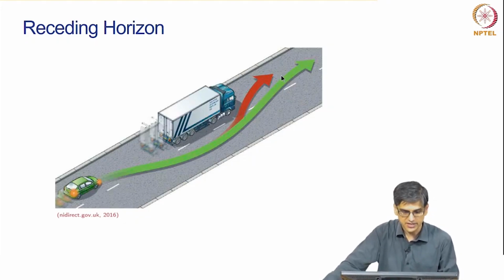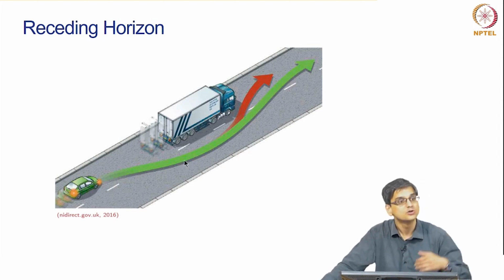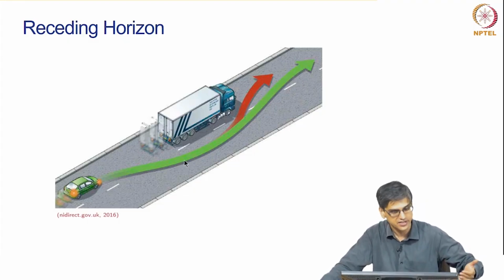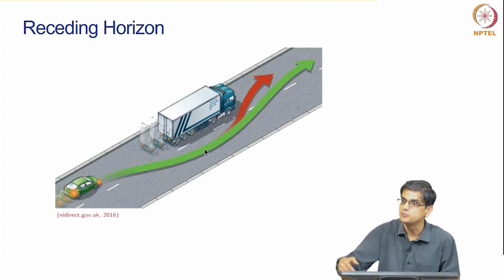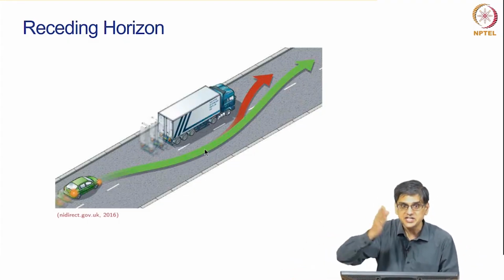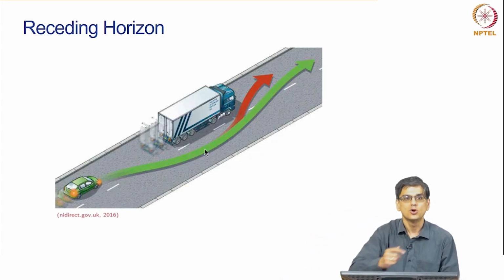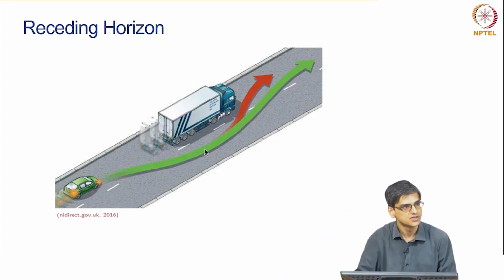So, what is happening is when you are over here, you have decided a red trajectory. When you move on over here, you will recompute the entire thing all over again. When you move over here, you will recompute once again. But each time you are recomputing, you are taking the feedback measurements into account.